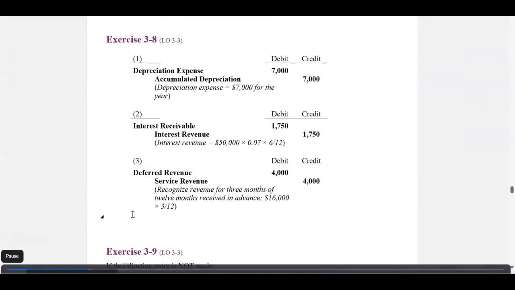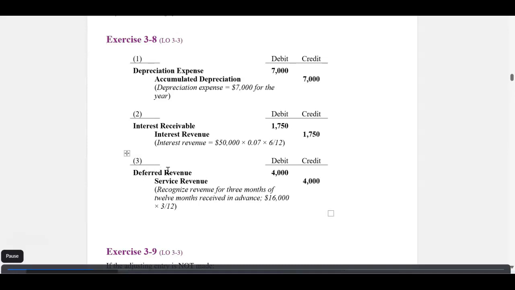For exercise 8, we did 3 adjustments at the end of the period, which is the recognition of depreciation expense, recognition of interest income, accrued interest income, and recognition of some revenues that we earned, and we need to recognize it.